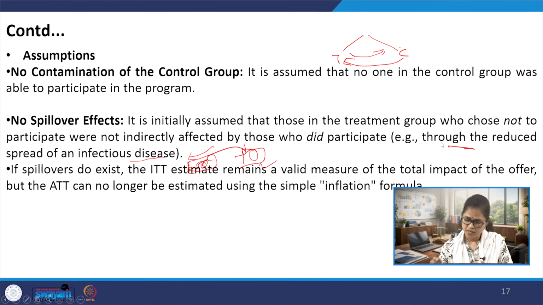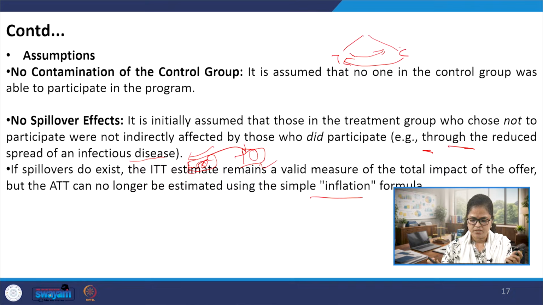And if spillovers exist in an example like this, then this ITT, that is your intention to treat estimate, remains a valid measure of the total impact of the offer, but your average treatment effect on the treated can no longer be estimated using the inflation method that we discussed.